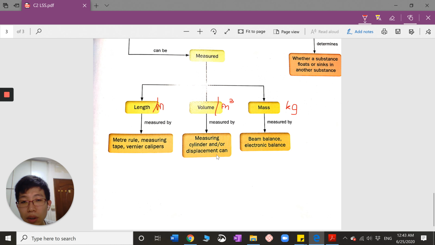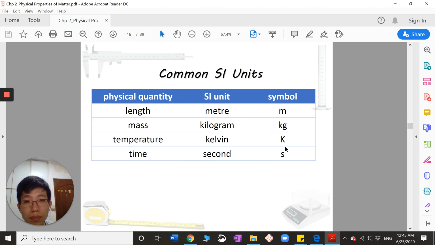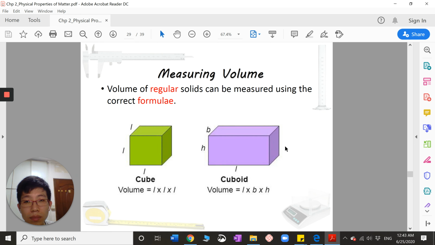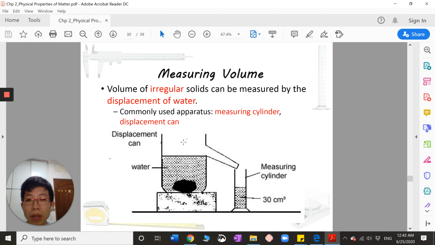So why do we use a measuring cylinder or displacement can? The reason being, the everyday objects around us are mostly irregular solids.